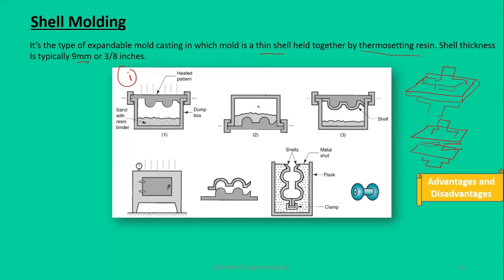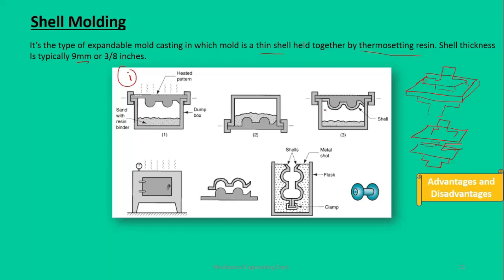Then we simply invert the flask and allow the sand mixed with resin and binders to lay down on this pattern, and we allow it to form a shell. The layer of the mixture partially cures on the surface and forms a hard shell over the pattern surface.